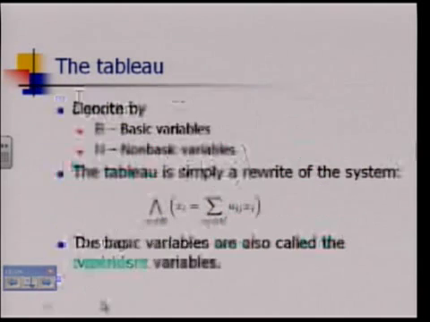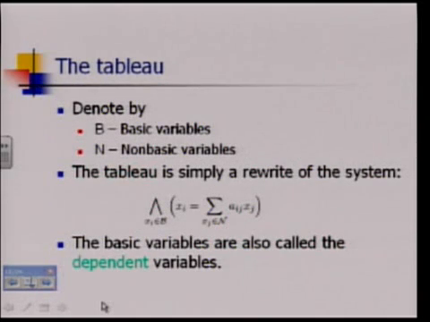And then based on that, you can basically change the problem into a standard form by constructing a table, and some people use a so-called tableau to rewrite the system into a form that involves only the equality constraint on these non-basic variables.